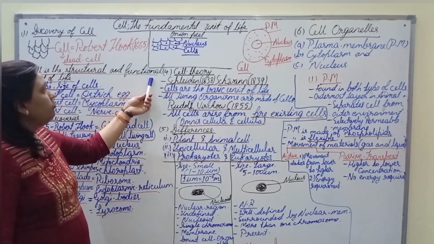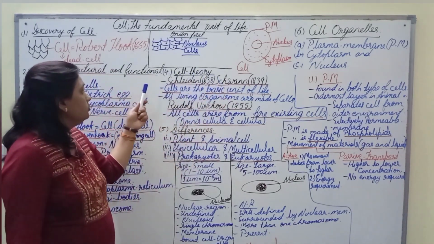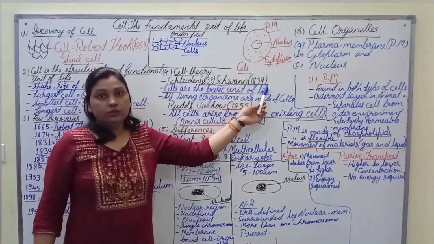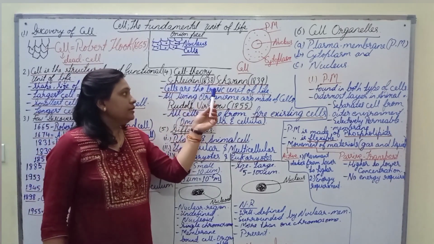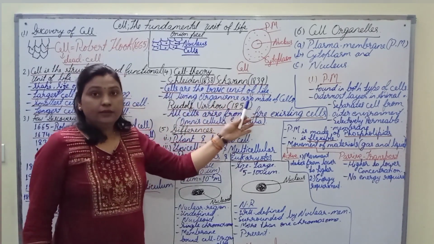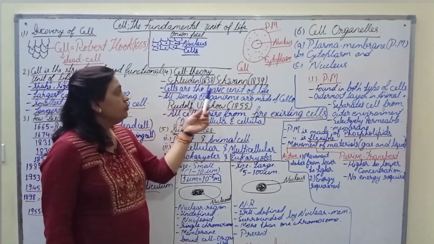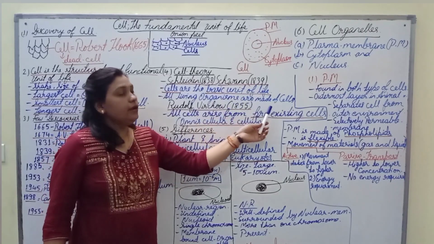Now moving on, we have cell theory. Schleiden in 1838 and Schwann in 1839 formulated cell theory. According to them, cells are the basic unit of life and all living organisms are made of cells.